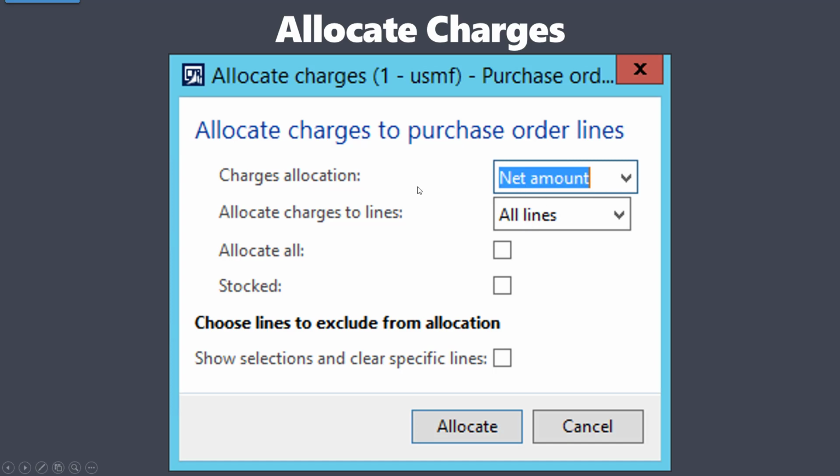So what it's saying is that if you had $100 and one line was 40% of the total and one was 60%, you would charge 60% of that freight, or $60, to that line for the freight allocation and $40 to the other line.